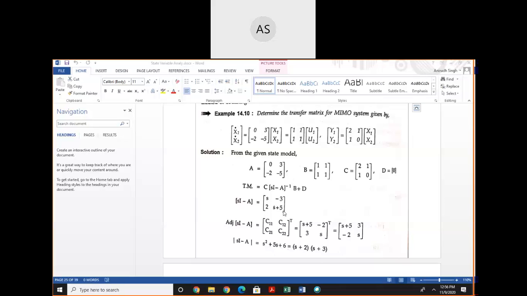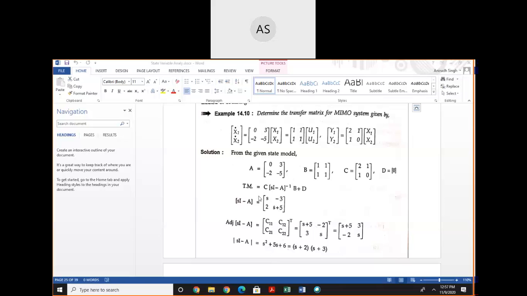The value of D is 0 and SI minus A is easily calculated, which is equal to the matrix with S minus 3 and S plus 5. Then calculate the adjoint of this matrix. C11 is S plus 5.